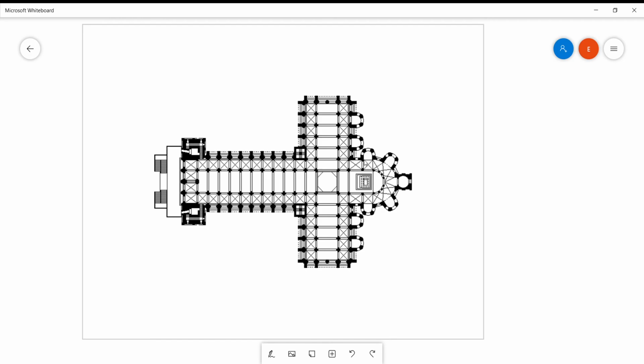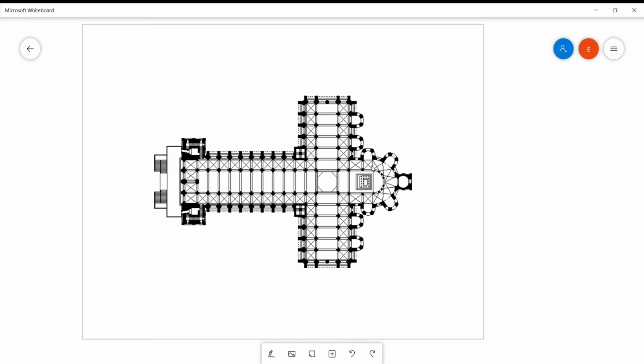We have a round apse. And these little rooms that we have here, they also have a round shape. And this is typical of Romanesque, or at least more typical of Romanesque, because we can see that also in Gothic. But we are going to just say that this is for Romanesque. What else?